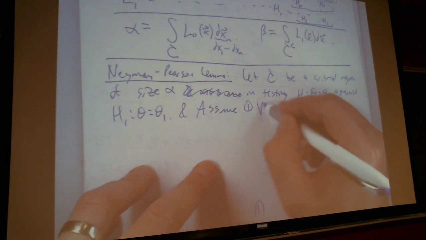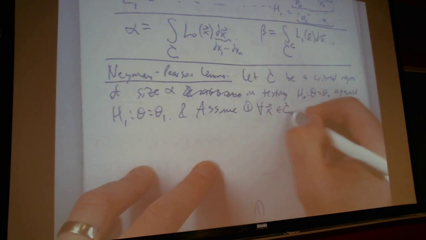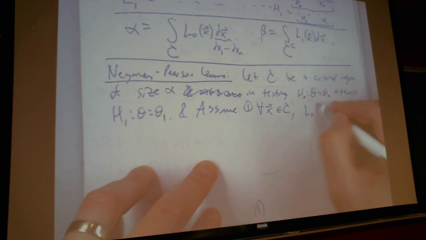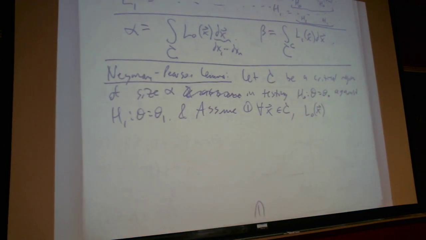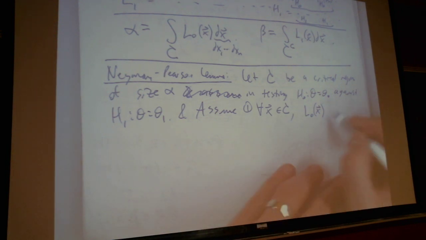two things. For every outcome in the critical region, the likelihood of that outcome, assuming hypothesis 0, is at most some constant.